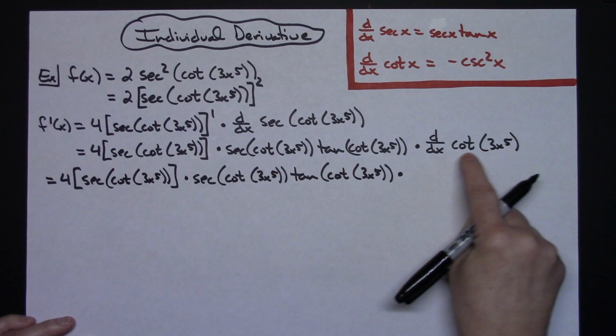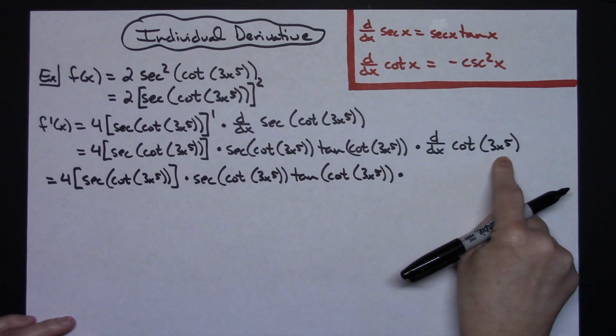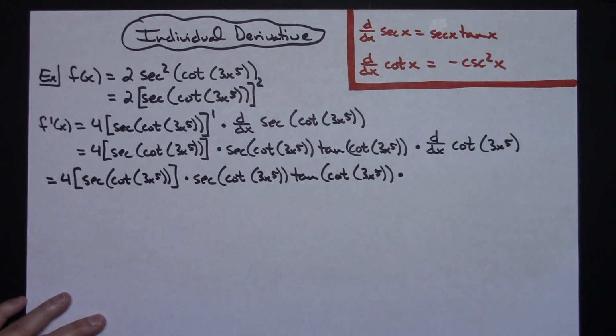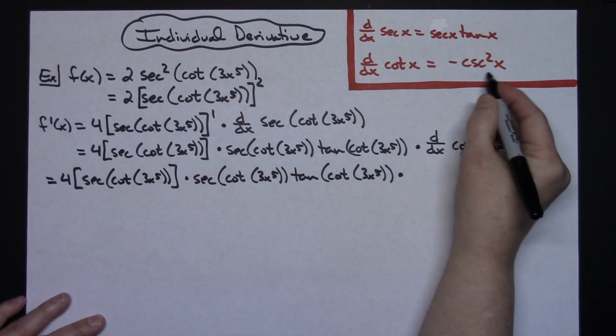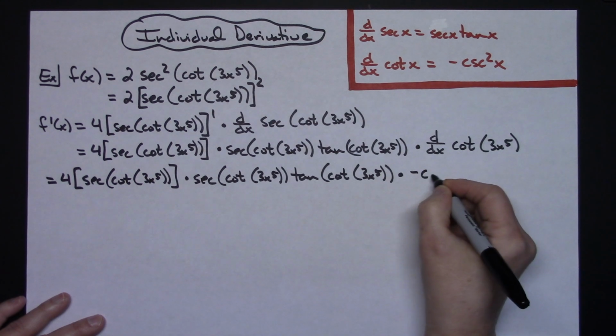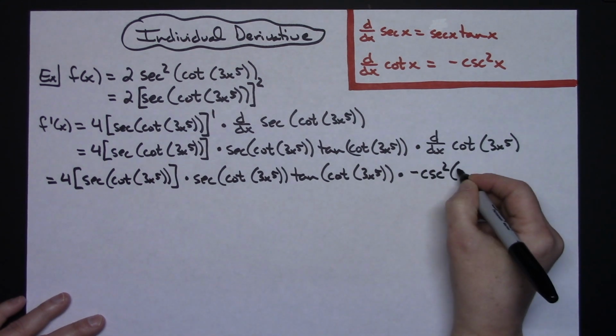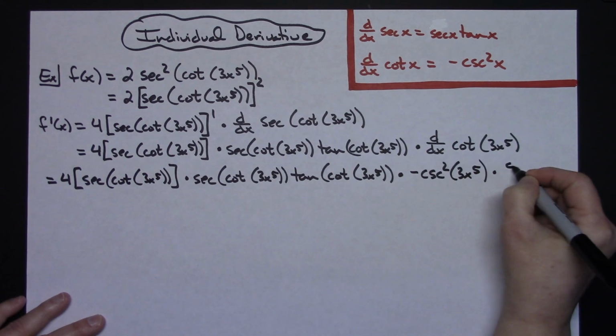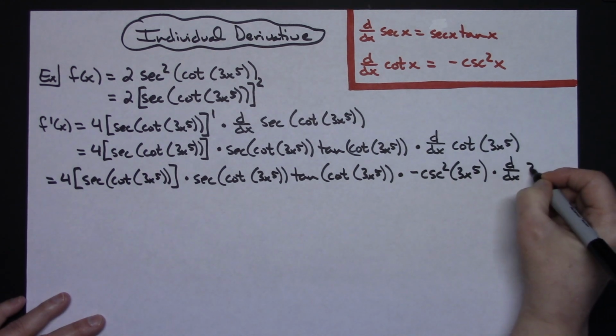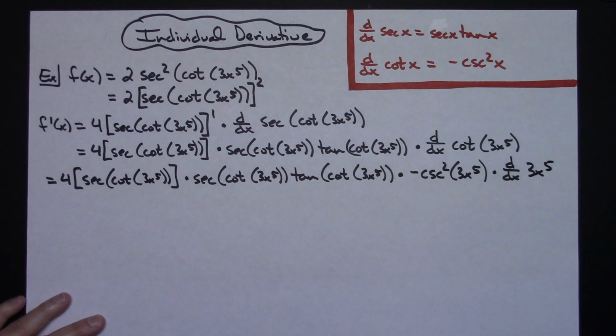Now derivative of the outside, leave the inside alone, multiply by the chain. Derivative of cotangent is negative cosecant squared, so negative cosecant squared, leave the inside alone, 3x to the 5th, times the derivative of that 3x to the 5th.